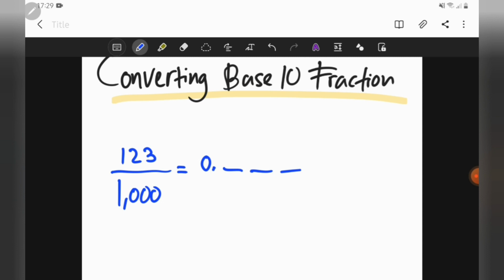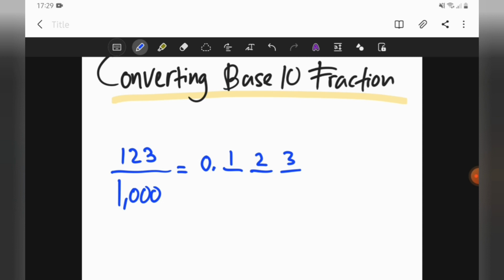And again, let's see the smallest place value in the numerator. It is 3. So put 3 at last, then continue with 2, and then continue with 1. Now you have 0.123. Yes, this is how you convert base 10 fractions into decimals.